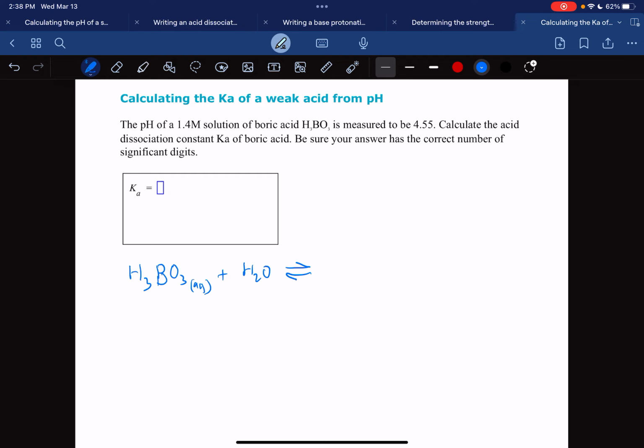When we write out the equation, it's going to be equal to H2BO3 minus plus H3O plus. Now, if we were to write a Ka expression for this, wouldn't we write it as concentration of H2BO3 minus?